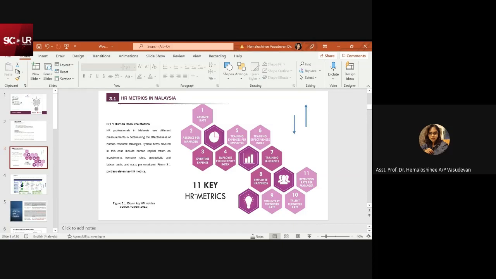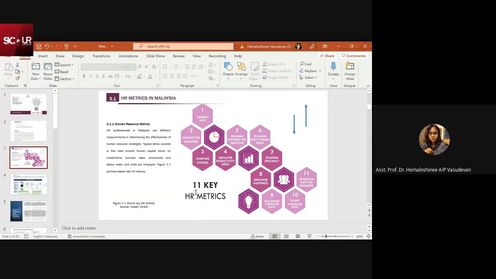Number six, training effectiveness index. Training efficiency. Employee happiness. Voluntary turnover rate. Talent turnover rate, retention rate per manager. So these are the key HR metrics that will evaluate different measurements toward the effectiveness of human resource strategy.